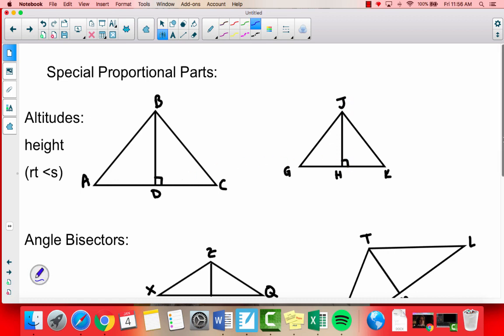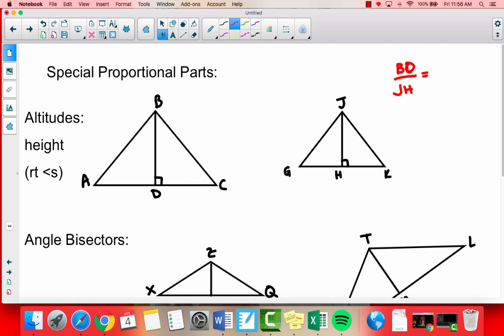And all we're going to do is set up a proportion. So these rules say that the special segments are going to be proportionate to a set of sides ratio. So I'm going to write this out with my letters. So the altitudes, BD over JH. So this ratio has to be proportionate to a ratio of a side.